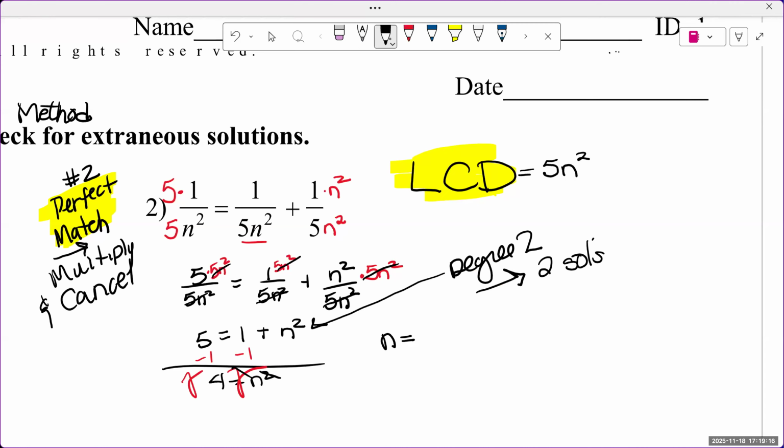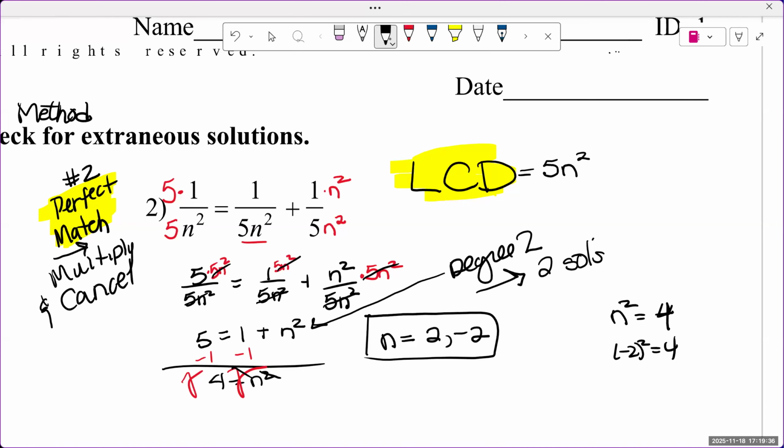Square root of 4 is 2. So my solutions are 2 and negative 2. If you look here, positive 4. 2 squared is 4. Negative 2 squared is also 4 because you're taking a negative times a negative. So there are my 2 solutions.